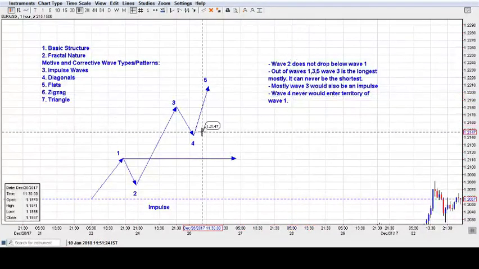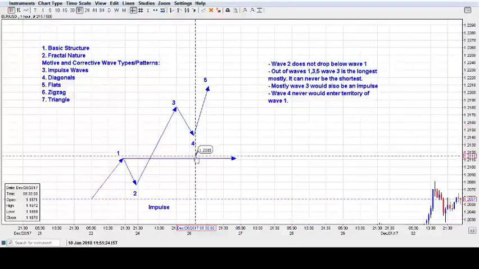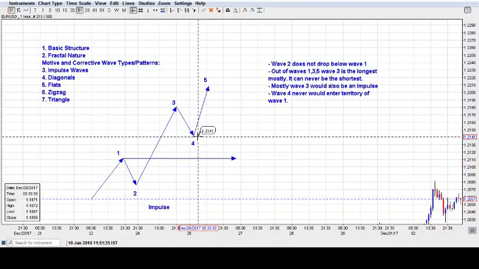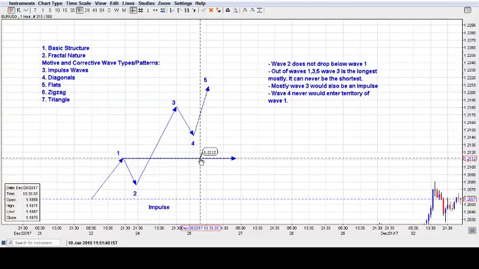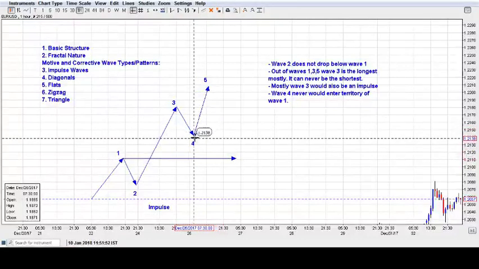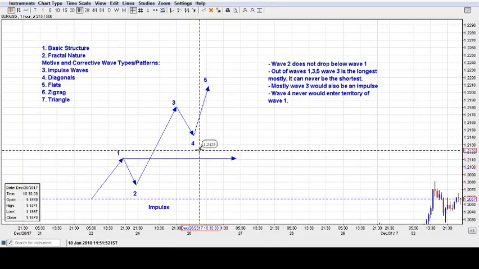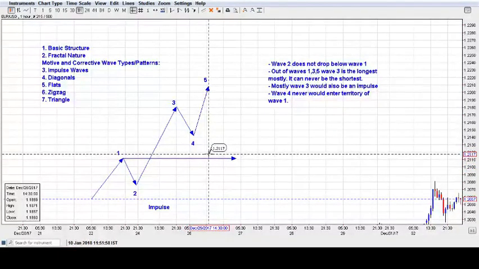Even if it is finding support at 61.8%, you will see that it remains above the territory of wave 1. Normally it is 38.2%. That's not a rule. It can go deeper, but it will still find its termination somewhere ahead of the first wave. If it is not doing that, it's doing something else. These are the checkpoints.